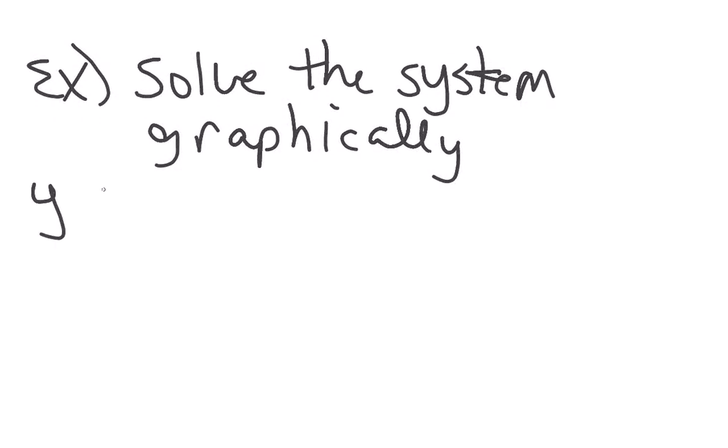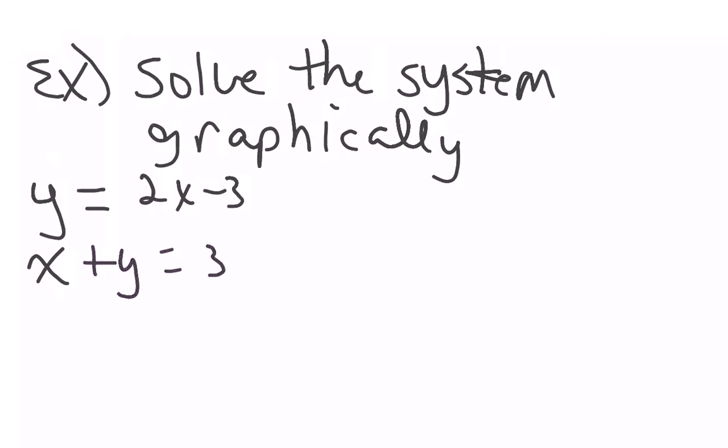So our system is y equals 2x minus 3 and, sorry, let's go back. x plus y equals 3. So what your goal is here is to graph them on the same graph.